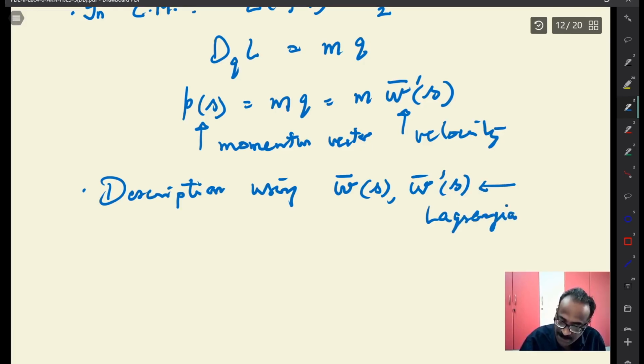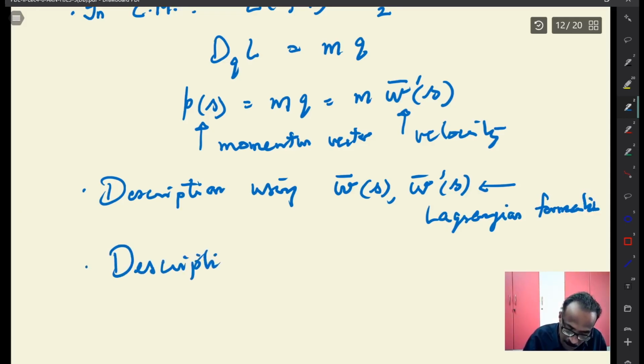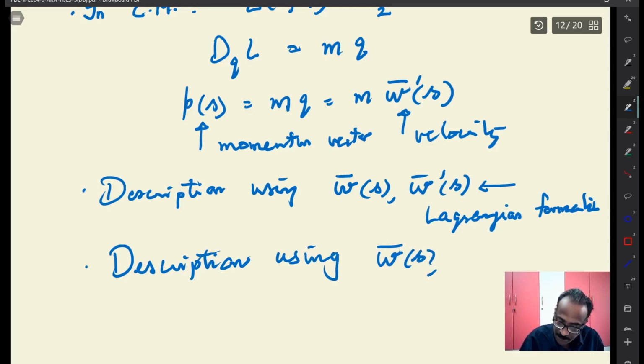These are all typical Lagrangian formalism. On the other hand, the description using the position and momentum is your Hamiltonian formalism. These are well known in classical mechanics.